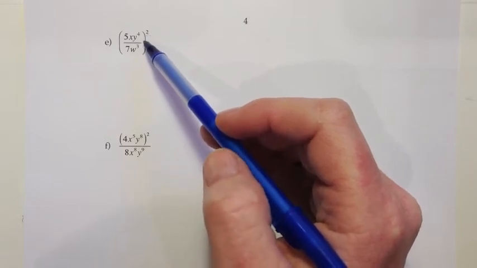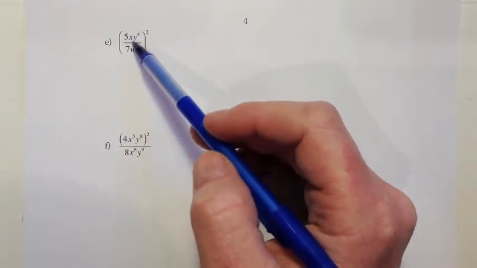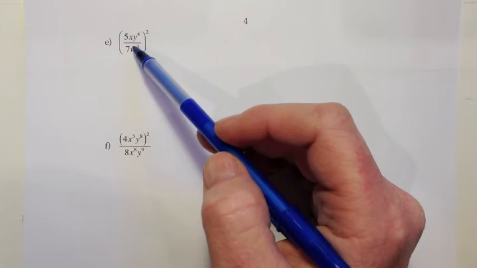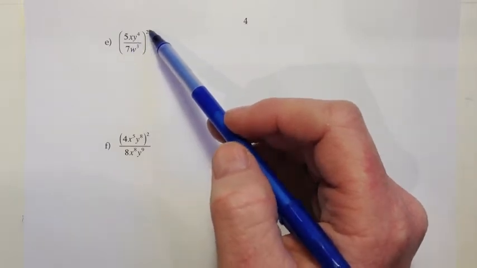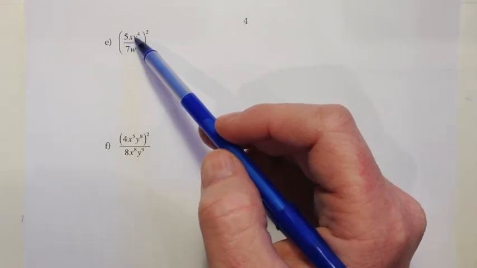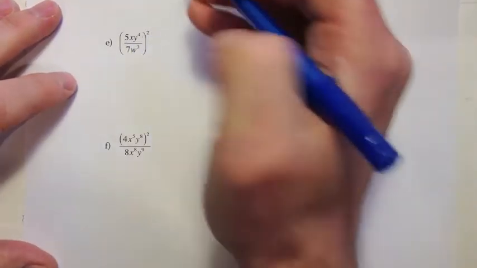So what I would usually do with this is apply both the quotient to a power and product to a power rule simultaneously and say that in a fraction like this made up of all multiplications, the exponent gets distributed to every factor inside, so to the 5, to the x, to the y to the 4th, to the 7, to the w cubed.